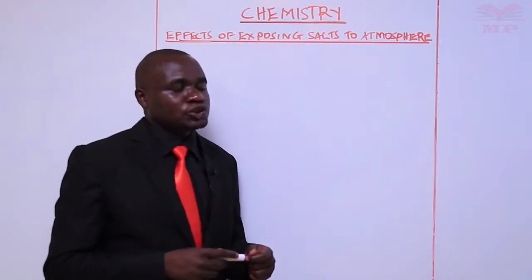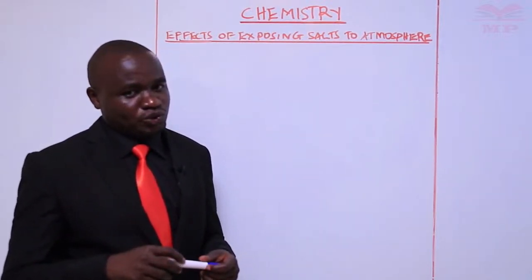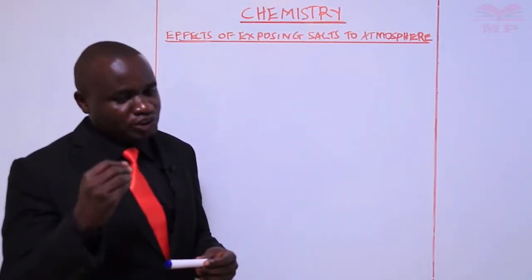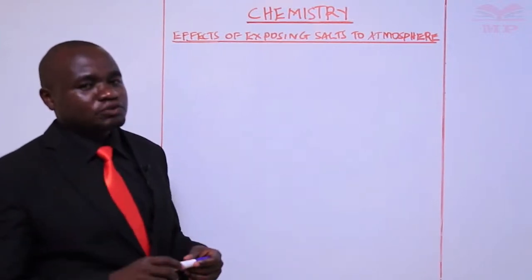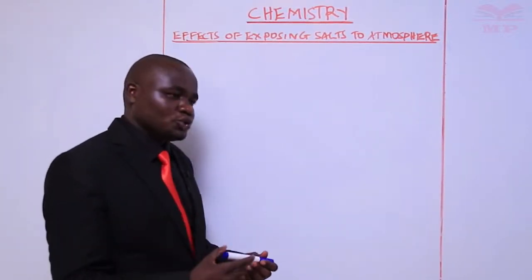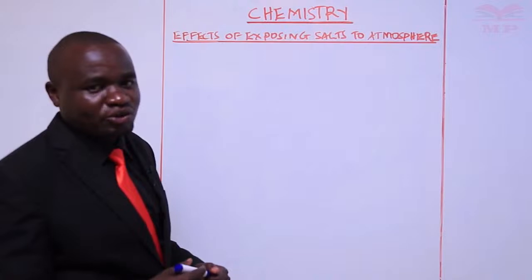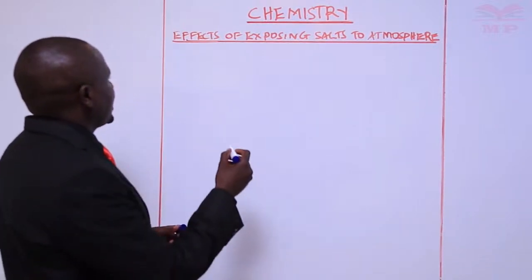Such type of salts, which when exposed to the atmosphere, absorb moisture or water vapor from the atmosphere and turn into a solution, such type of salts are called deliquescent salts.